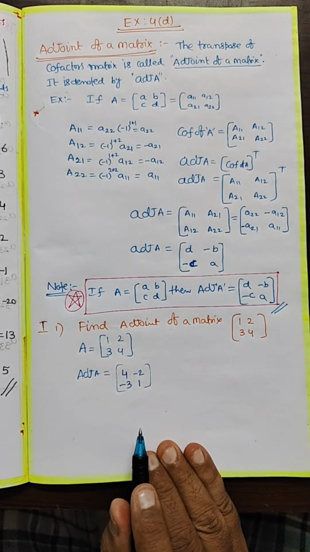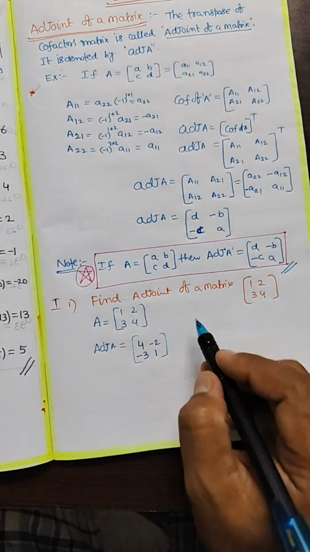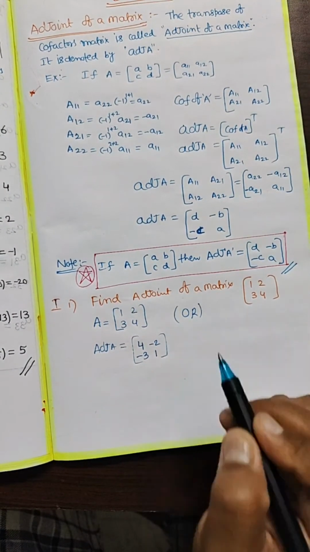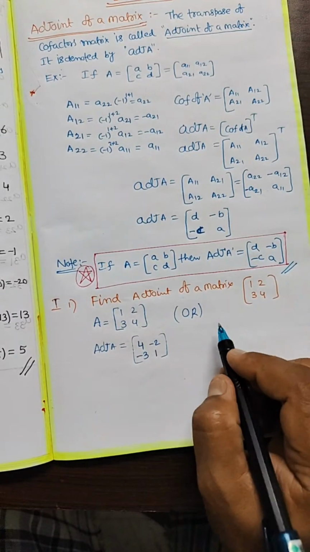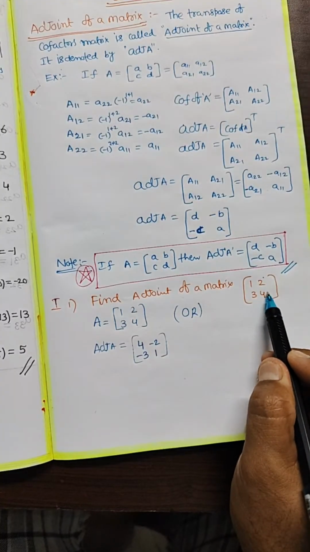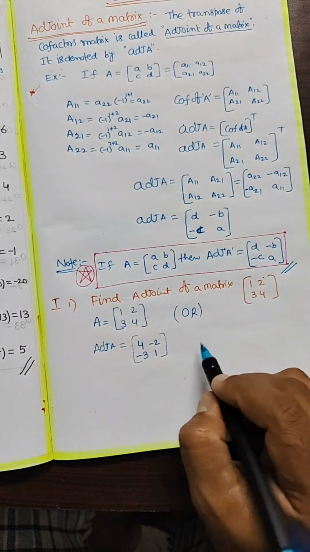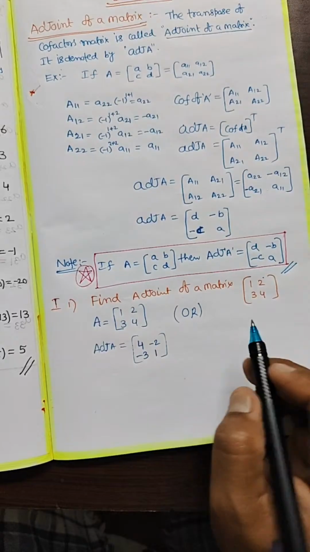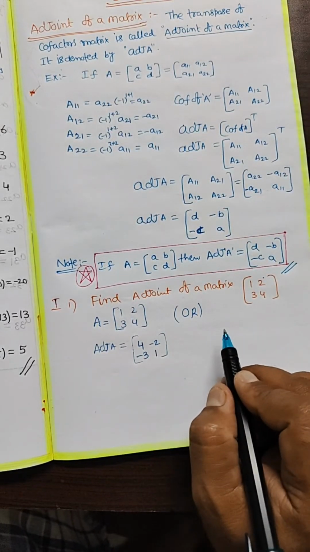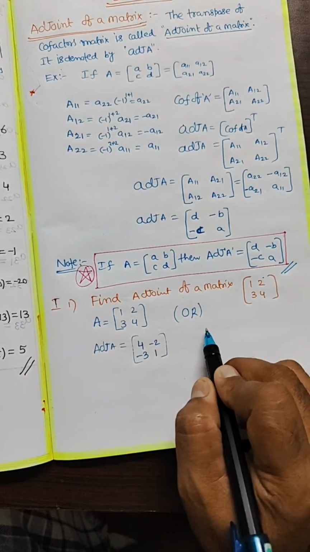Otherwise, what we have to do is use cofactor signs: plus, minus, plus, minus, plus. First, we have to calculate all cofactors.